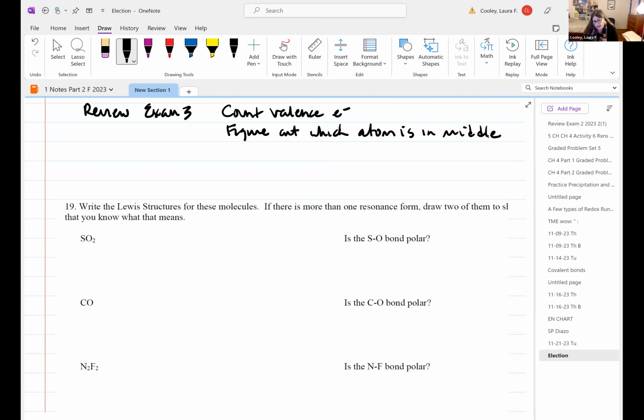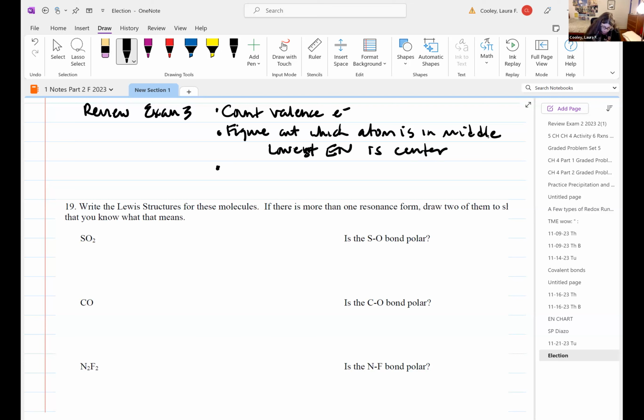Except for, it's never hydrogen. Hydrogen is always on the outside, but usually the atom with the lowest electronegativity is put in the center because it has to share electrons with lots of different atoms, and electronegative atoms don't really like to do that because they're very electron grabby.